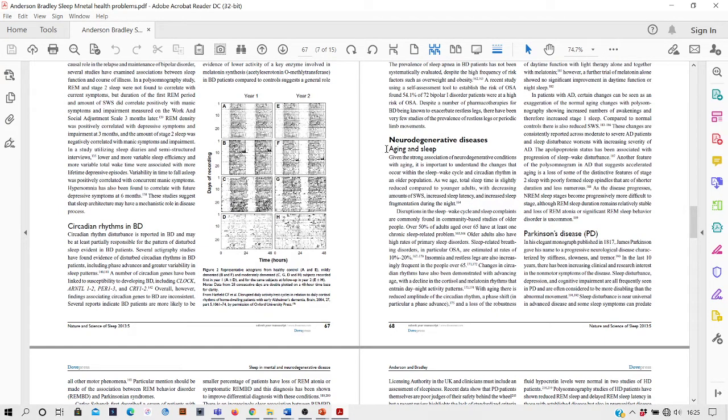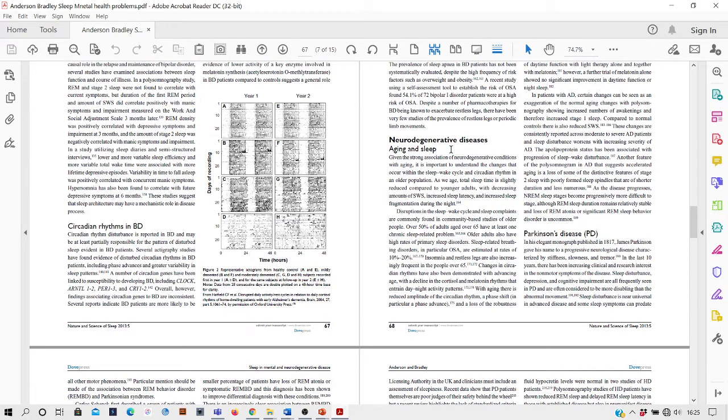So the process of aging and sleep is interesting. When we get into our 60s, the way in which we sleep has changed quite a bit. No longer will you find, when you get to that age, that you sleep in a chunk of 6 to 9 hours at night time, and then during the day you're awake.